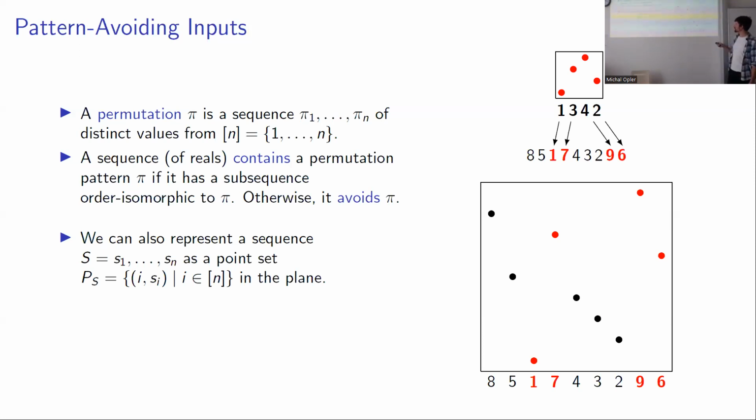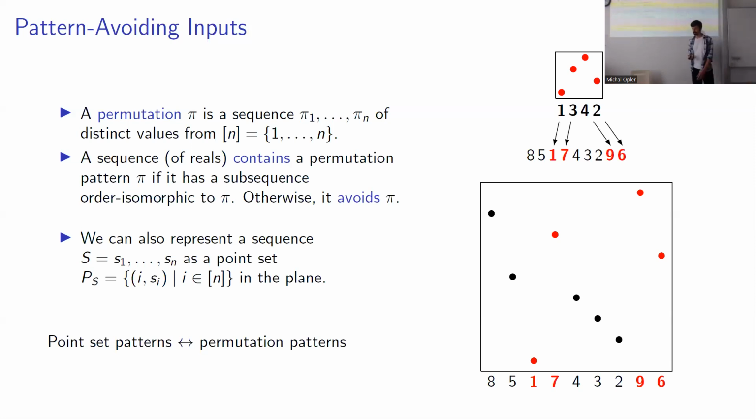There are the same relationships between these 4 points as there are in here. So now we're talking about sequences represented as point sets, but we can also talk about pattern-avoiding point sets themselves. You just get the point set, and if there are no 4 dots that would have this particular shape, then the point set avoids 1, 3, 4, 2. So we really consider both point set patterns and permutation patterns.